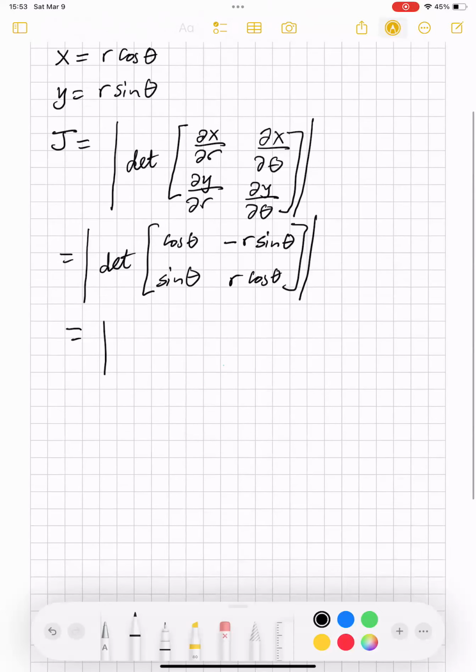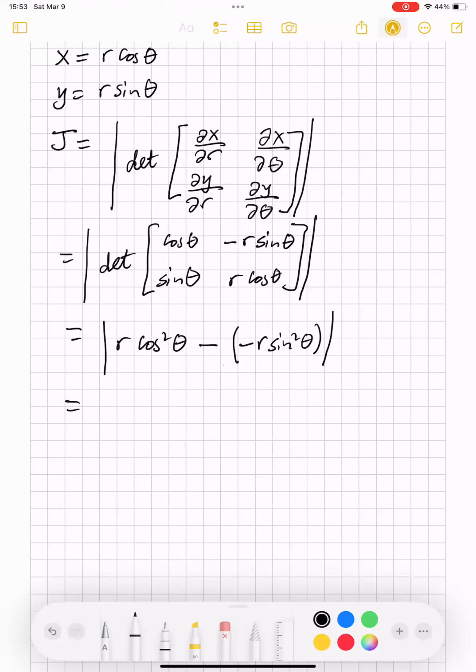Well, we have cos theta times r cos theta, which is r times cos squared theta. Then we get minus, and then we have minus r sine theta times sine theta, which is minus r sine squared theta. Well, this is just r cos squared theta plus r sine squared theta.